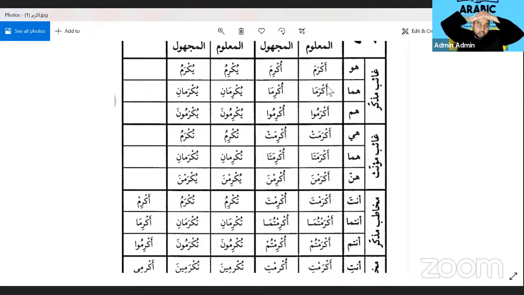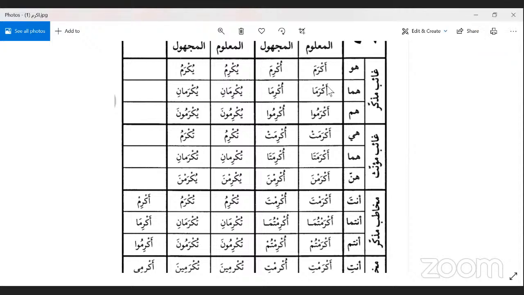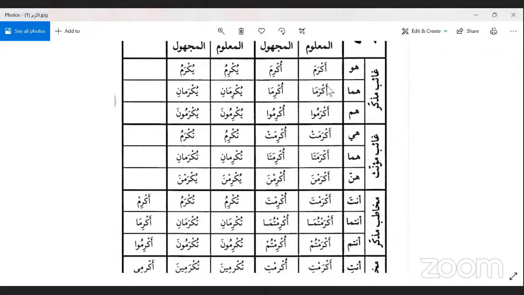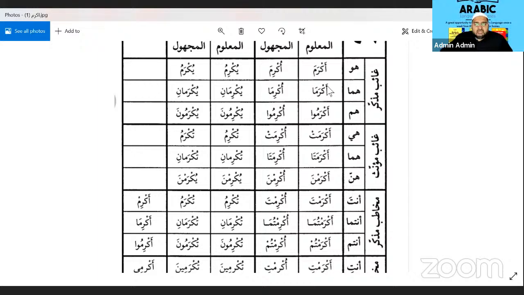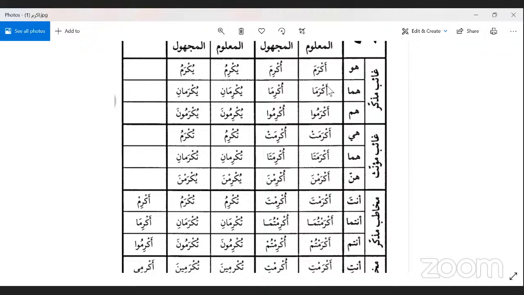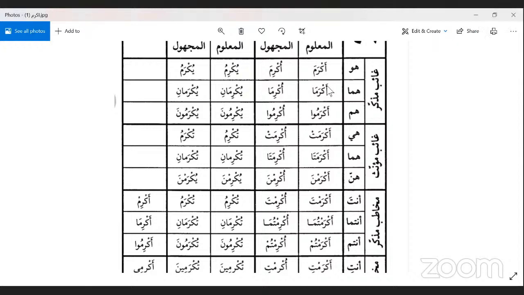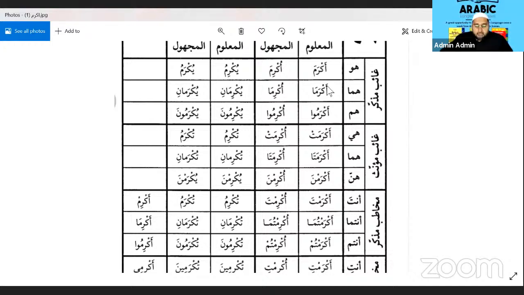So I want you to read huwa akrama. Let's read with me. Huwa akrama. He gave respect to someone. Then huma akrama. They both gave respect to someone. Then hum akramu. They all, masculine, gave respect to someone.